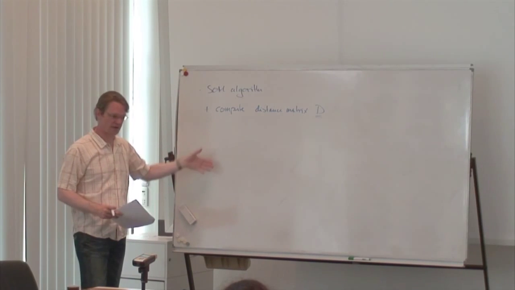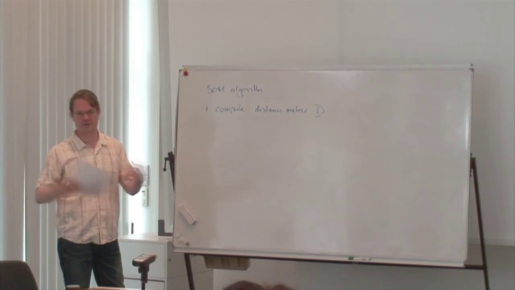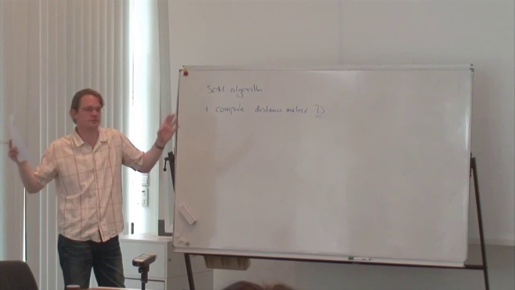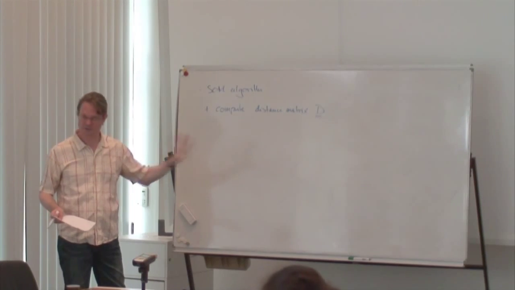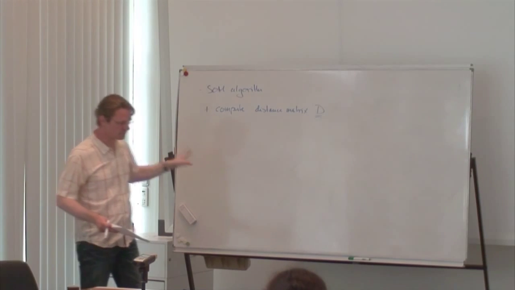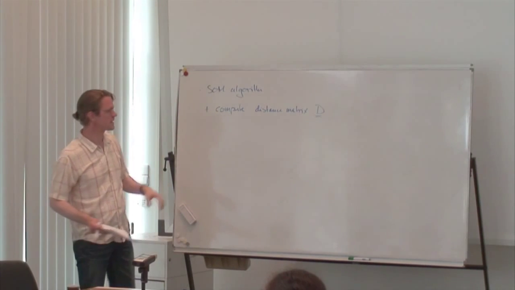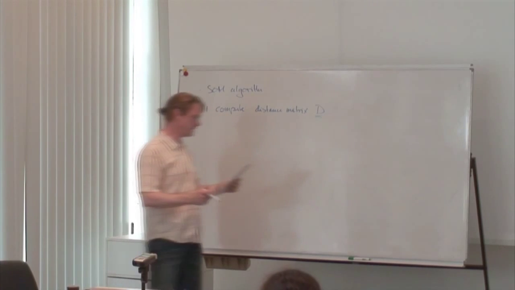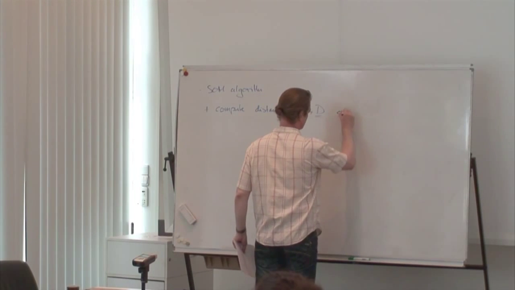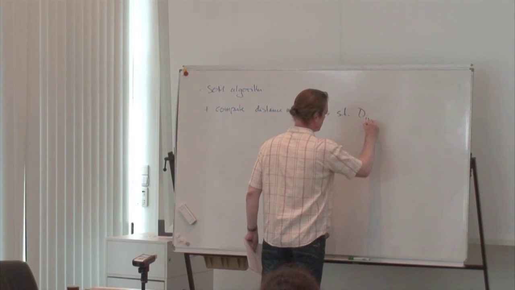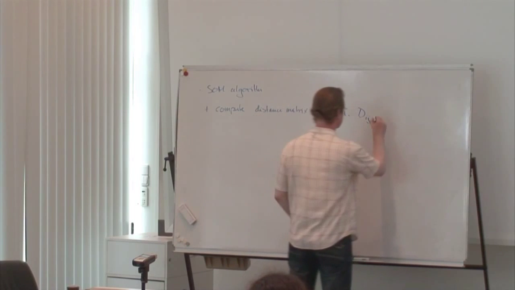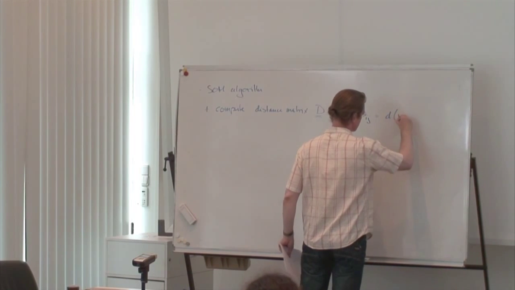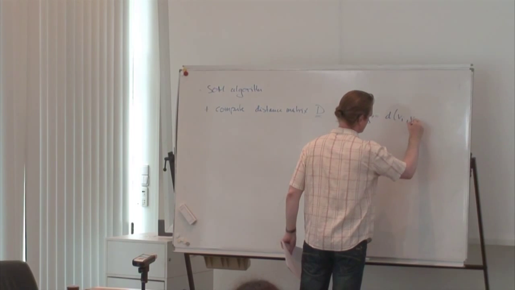So we are given this graph of k vertices with edges between them. We haven't talked about how to choose these edges, but there is a graph. Each of the vertices is labeled with a vector. Now we compute the distance matrix D such that its ij entry is the distance between vertex i and vertex j.